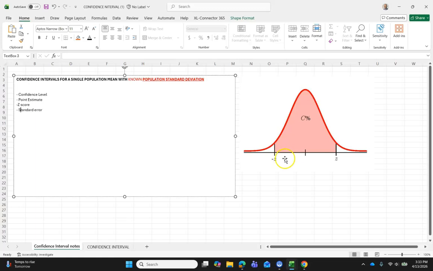So remember before, when we had z-value, we could say z-value times standard deviation, which is 1, and so we could get the distance of a value or the standard deviation of a value from 0.